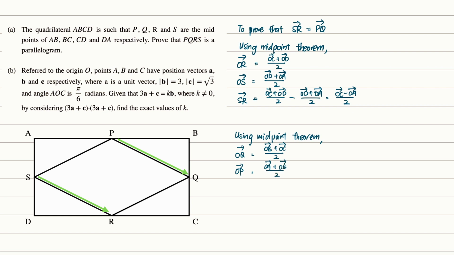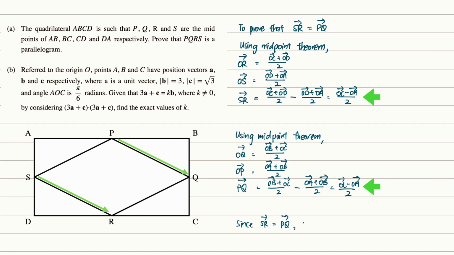Thus, the vector PQ is equal to (OB plus OC) over 2 minus (OA plus OB) over 2, and is equal to (OC minus OA) over 2. Now you can see that since vector SR is equal to (OC minus OA) over 2 and is equal to vector PQ, we can safely conclude that PQRS is thus a parallelogram.